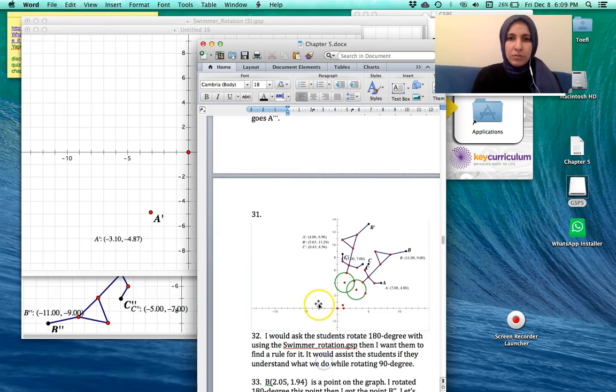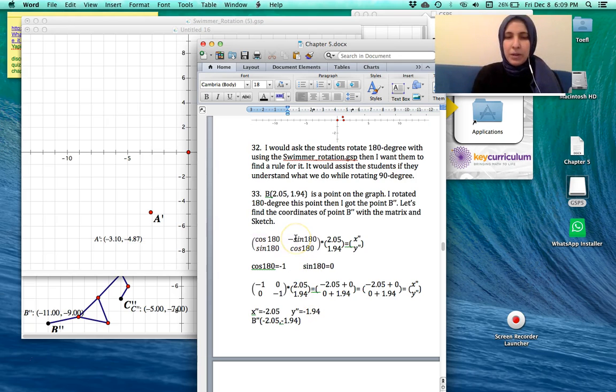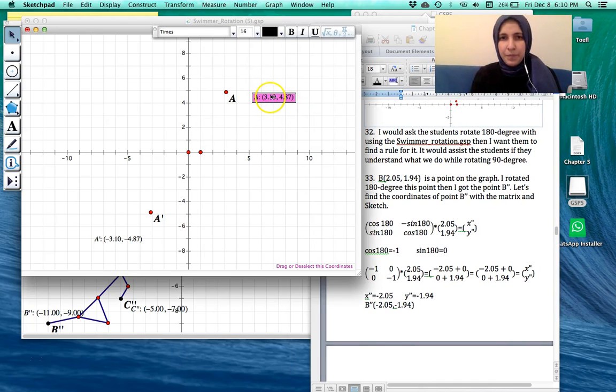And also there's another way to find it, by matrices. The rule is cosine 180. This one, I just need to write the degree in this one, and then these are my points, and yes, I got it and I can make it for these points. It's going to be clear.